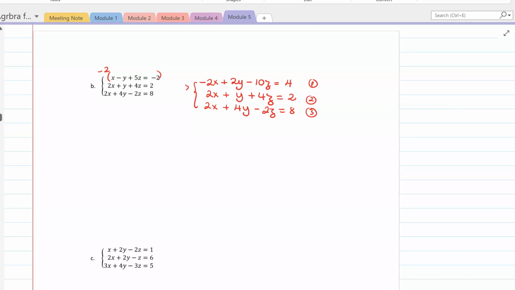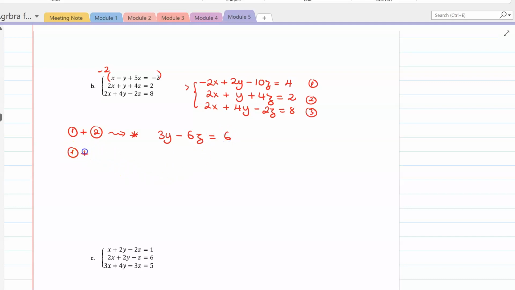I can go ahead and add equations 1 and 2. So equation 1 plus equation 2, the result, let's make it star. So when doing that, I get 0x plus 3y minus 6z equals 6.